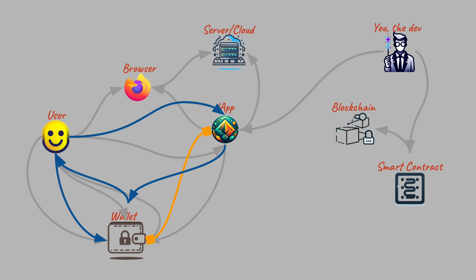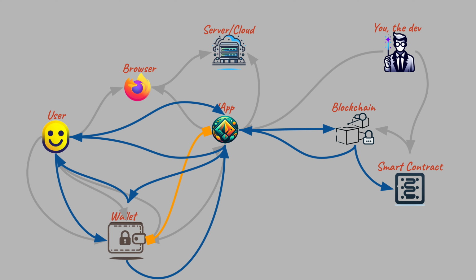If that is approved, a signed operation will be returned to the dApp. And the dApp can send the operation to the blockchain, which might in turn call some entry points of your smart contract. The blockchain sends back information about the operation to the dApp, which can show the results to the user.